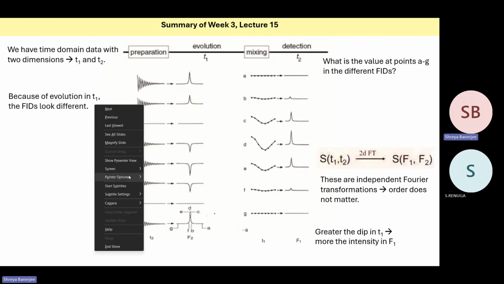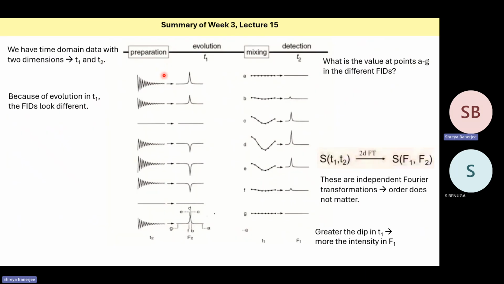So if we look at it in a more detailed way, imagine since T2 is where we are detecting the FID. As I said, depending on T1, we will get different FIDs. Suppose we are getting one FID like this. If you carry out Fourier transformation, we get a certain frequency.